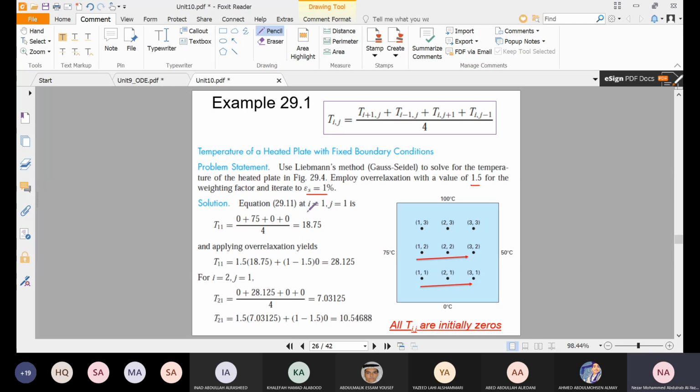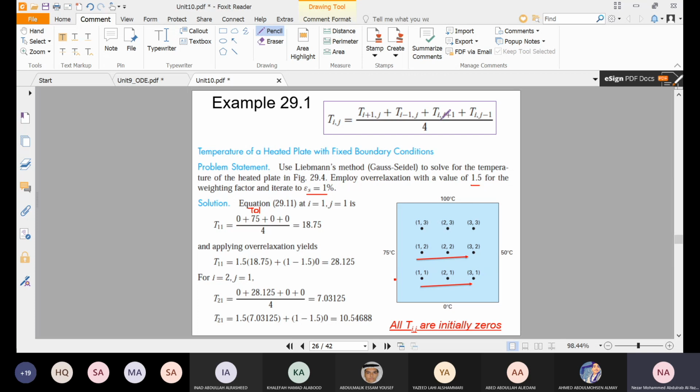So at the first node, i equal 1, j equal 1, if we substitute here, instead of i by 1, this will be 2, 1. This should be 0. Here we have 0, 1. T01 is not an inner node, T01 is a boundary, so it is not 0, it's 75.